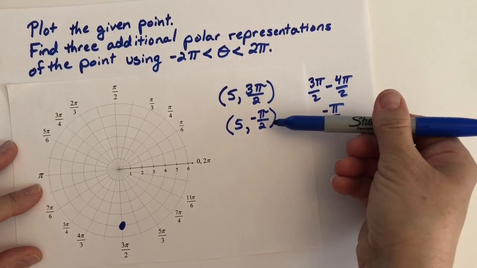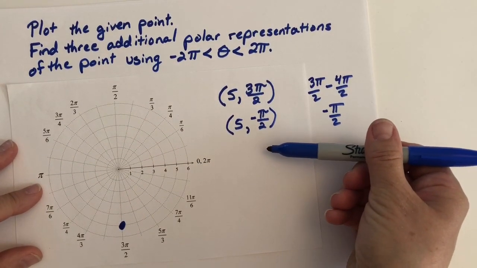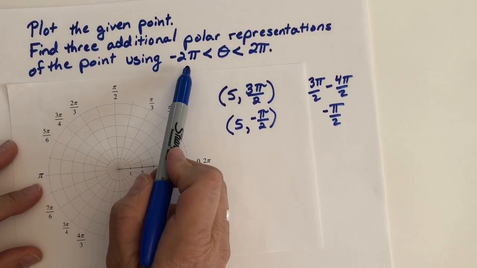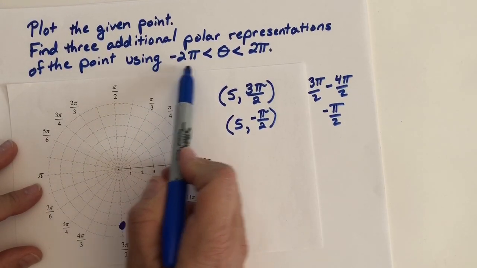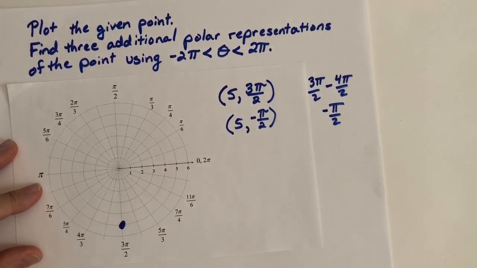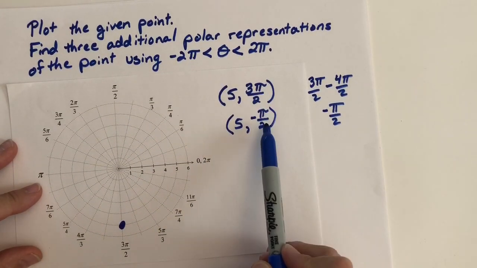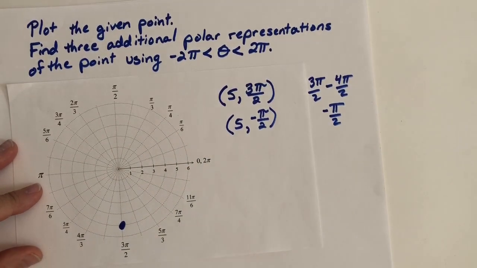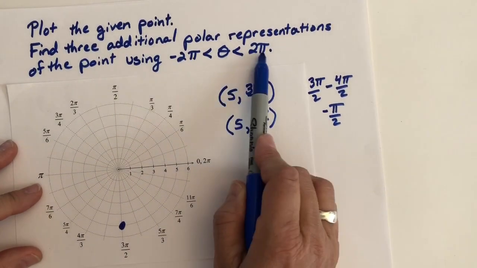We could continue and subtract another 2 pi, but then we'd be at negative 5 pi over 2, and we would be outside of this interval right here. So we have all the possible representations with our R value being positive that keep theta between negative 2 pi and 2 pi.